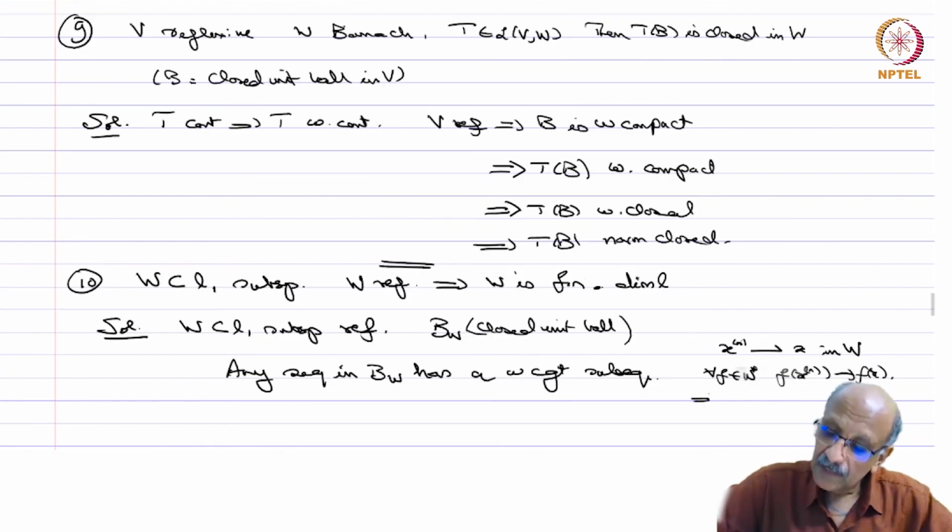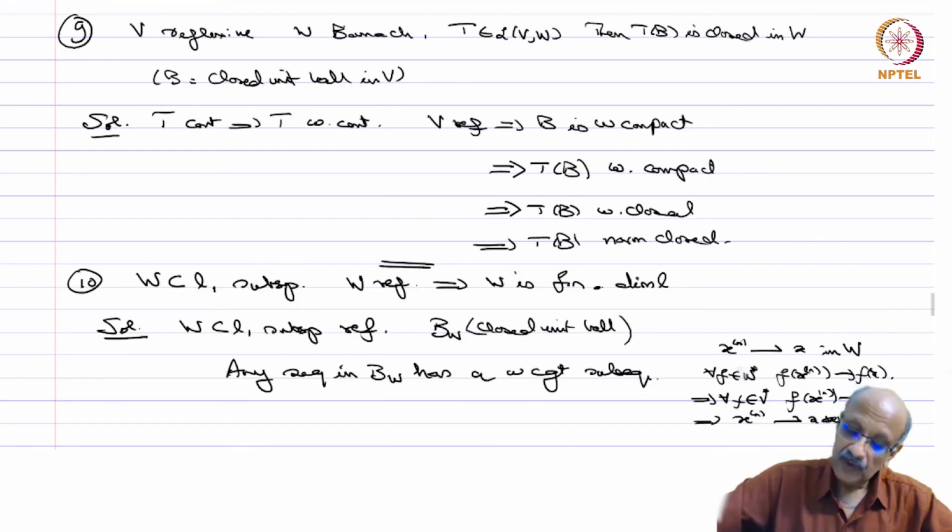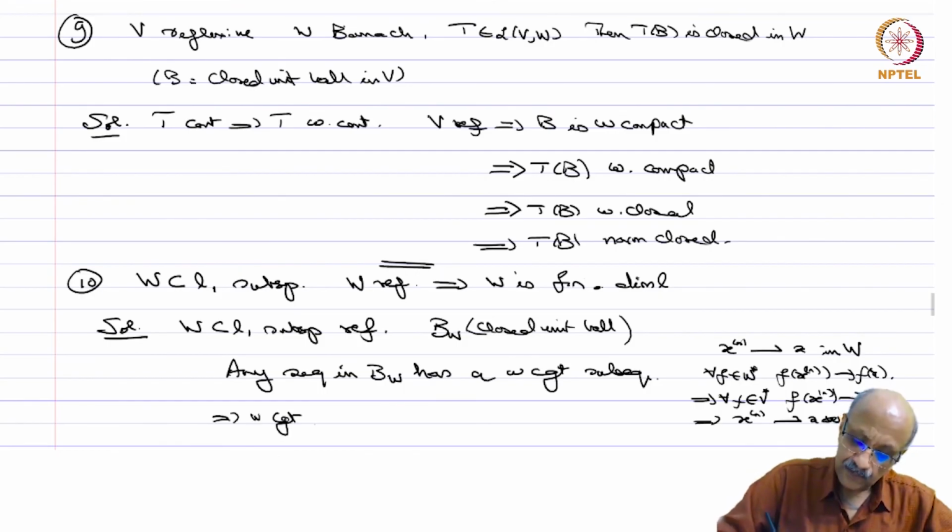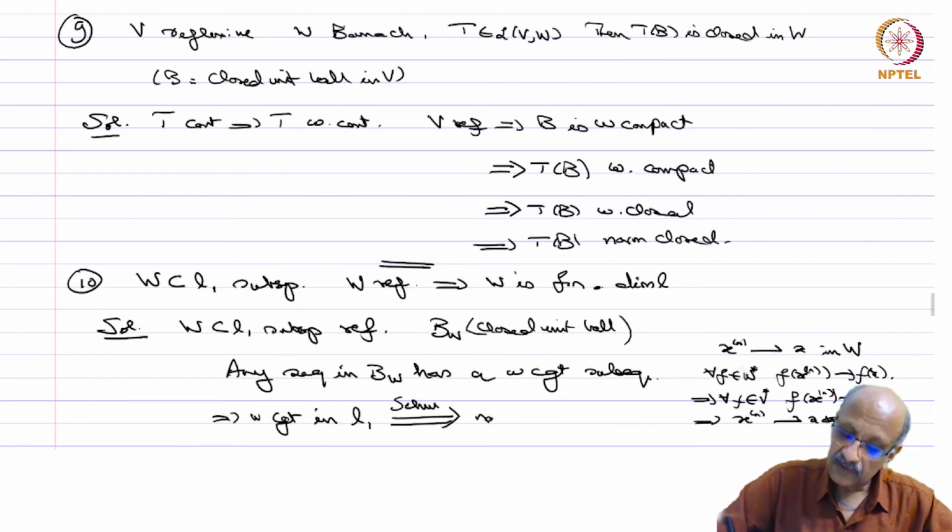But then this implies for every f in V star, the restriction of V star functionals are also continuous linear functions on W. So we have f of xn converges to f of x. Therefore xn converges to x weakly in V also, which implies weakly convergent in L1, and by Schur's lemma this implies norm convergent.